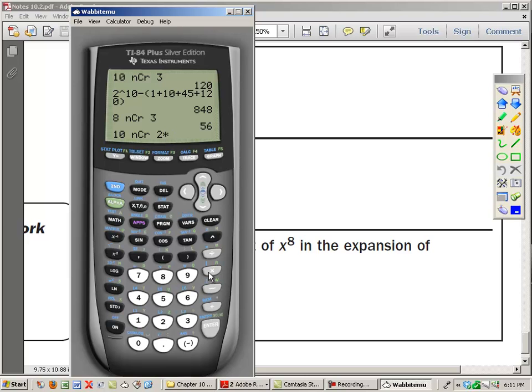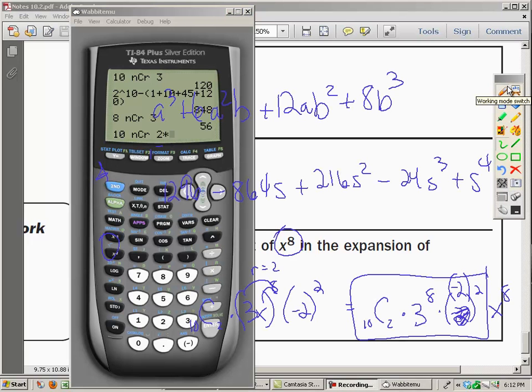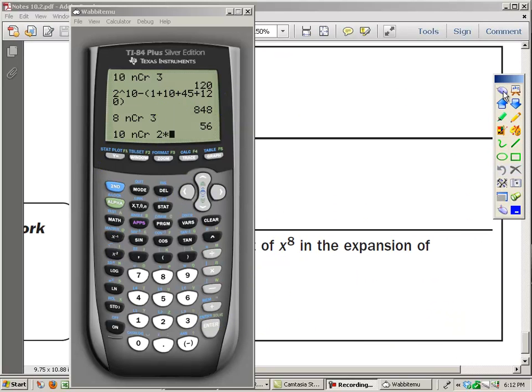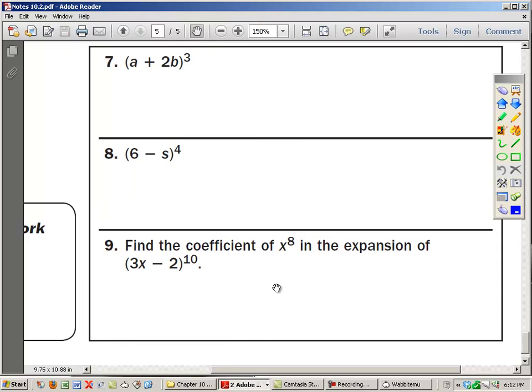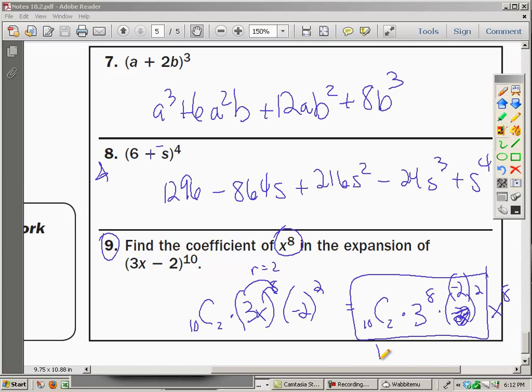I want to multiply that by 3 to the 8th power. I'm going to multiply that by negative 2 squared. Well, negative 2 squared is just 4. All right, and so I get 1,180,980. And so that is 1,180,980 x to the 8th.